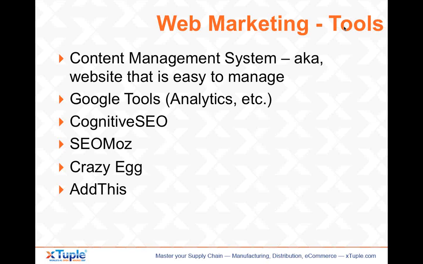And tools like Cognitive SEO and SEO Moz, in the past, were simply just showing you where you landed on Google search result pages. If you put in a keyword and you want to see if you're on the first page or you're on the second page, you could use tools like this to analyze that information, and also they would give you tools to increase the chances of you getting onto the first page of Google.